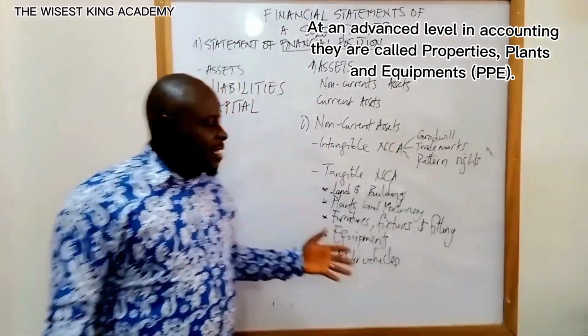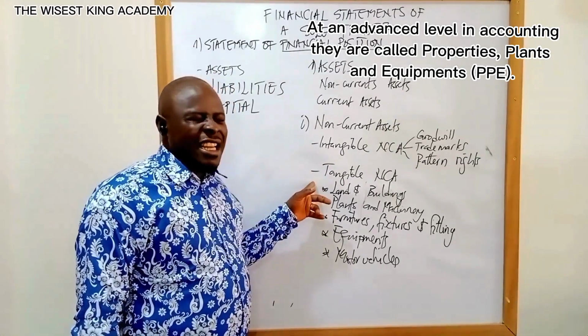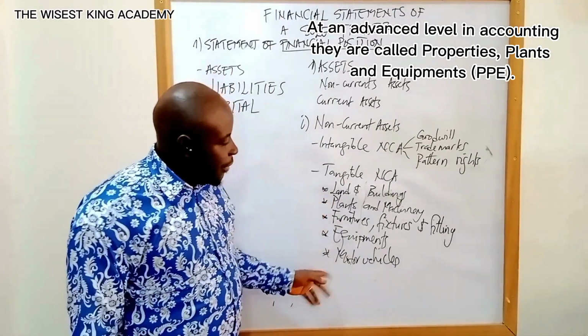This is the classification of tangible non-current assets in decreasing order of their useful life.